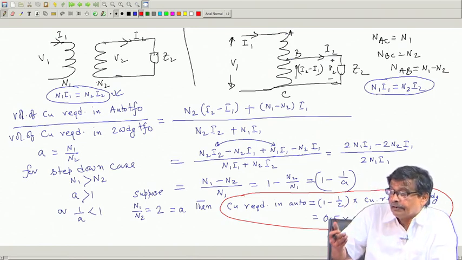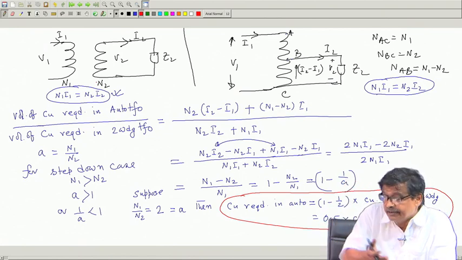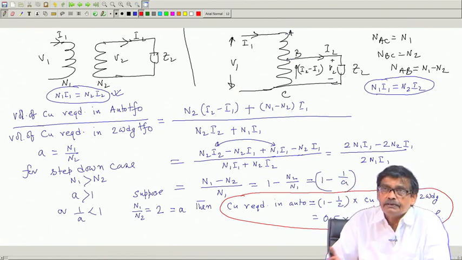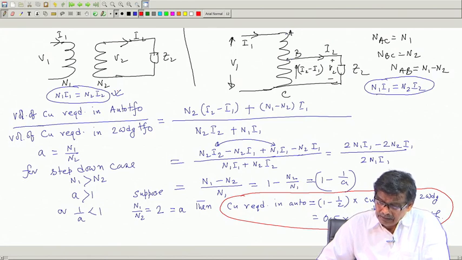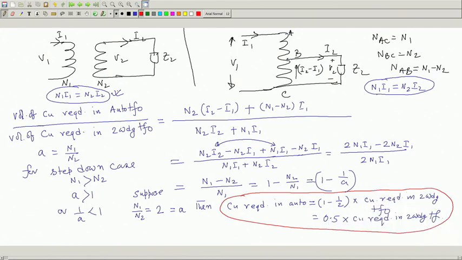And this auto transformer will do the same job as this 2 winding transformer is doing. And it looks like then that no matter what is the ratio, if it is greater than 1, 1 by A is always to be a number less than 1, and you will be always saving copper.